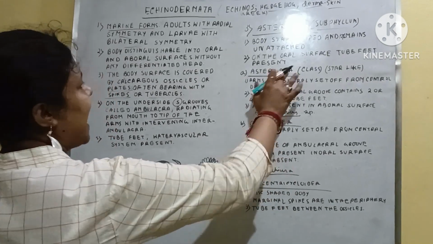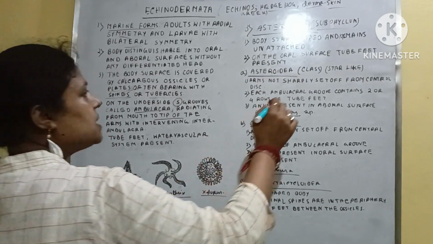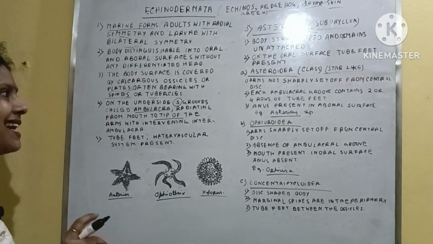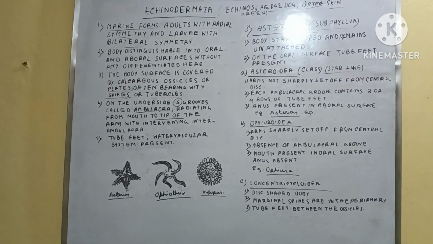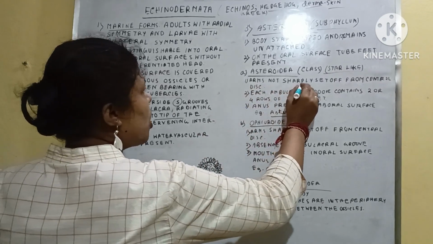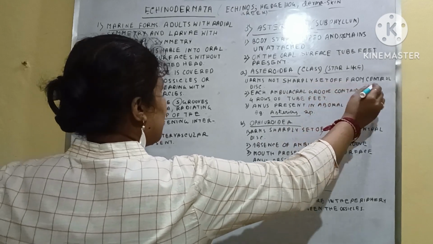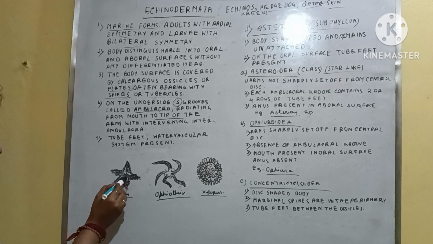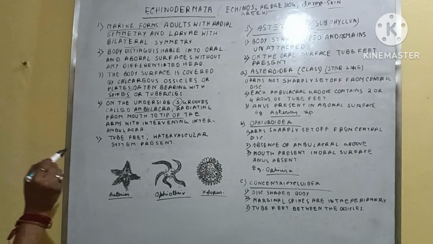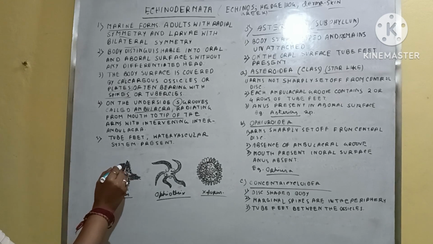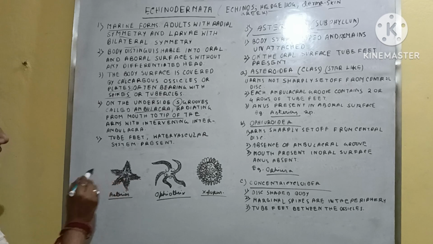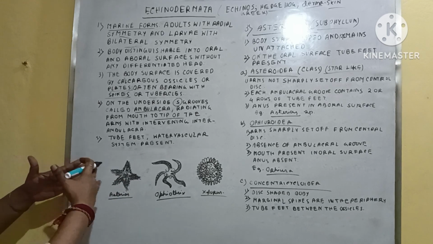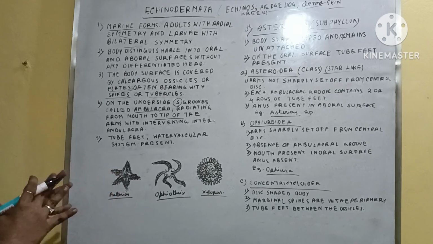So here the Asteroidea has a star-like body, and the features are, first, the arms are not sharply set off from the central disc. If you consider this the central disc, you can see that the arms are not set off from the disc properly. That means the cut from the disc is not sharp.